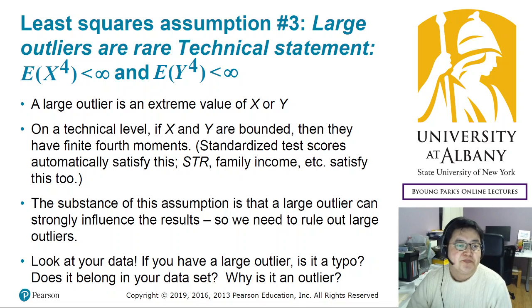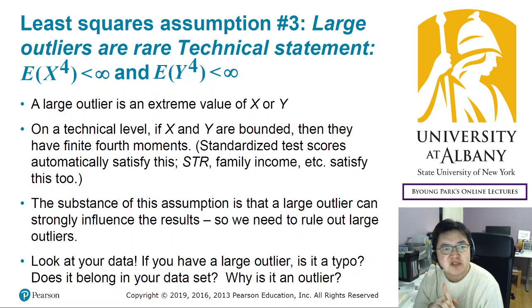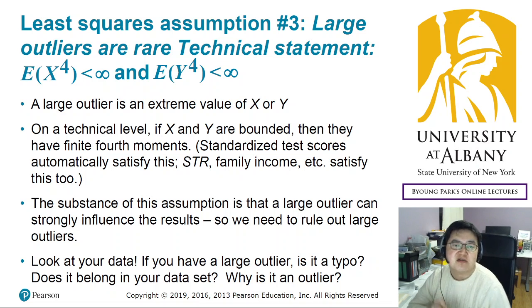Hello. So the first two assumptions for least squares methods were the first conditional mean zero assumption and the second IID assumption. And the third assumption we are going to discuss in this video is about outliers.